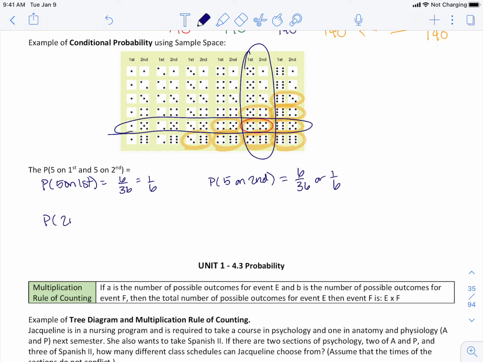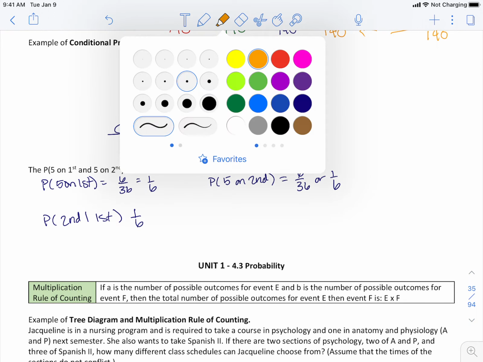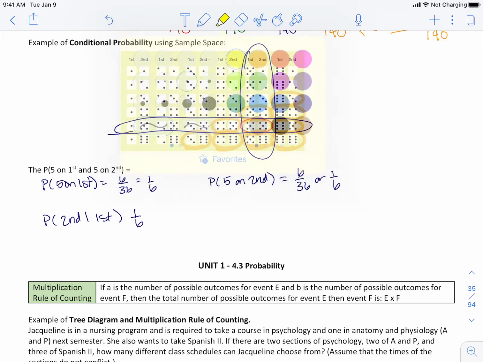Probability of the second, given it happened on the first, well, if we look at that, that's going to be 1 out of the 6, right? Given that it happened on the first means we're only looking in this column.